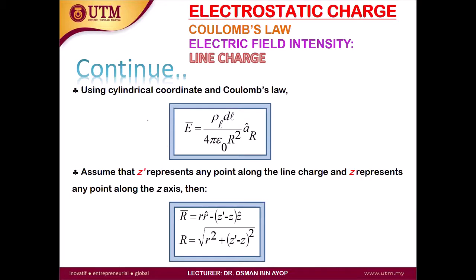This is the first part, and then assume that z prime represents any point along the line charge and z represents any point along the z-axis. So we can define the vector R equal to R in the direction of R minus z prime minus z in the direction of z. What is the meaning of this? We have to refer to the figure.